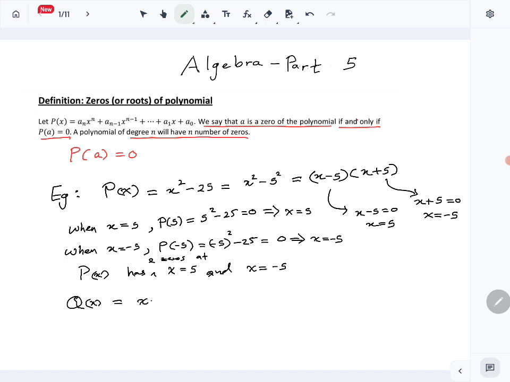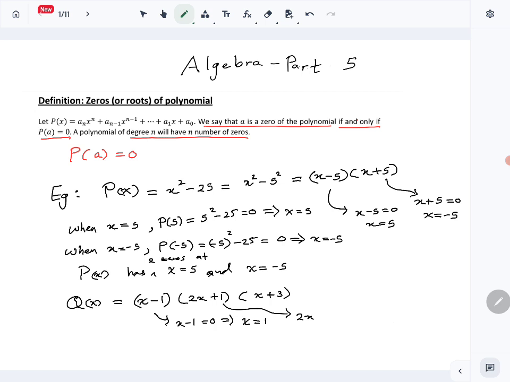So this is what? This is a cubic polynomial in factored form. So how to find the zeros? Equal each factor to 0 and solve. So this gives you x equals 1.